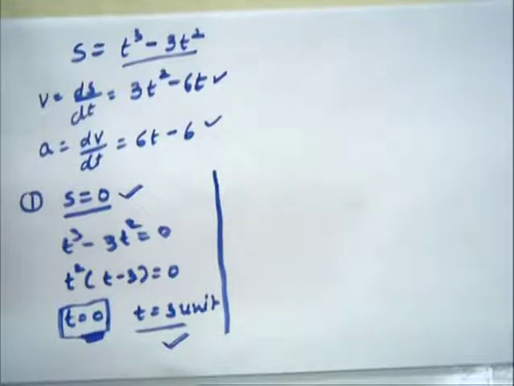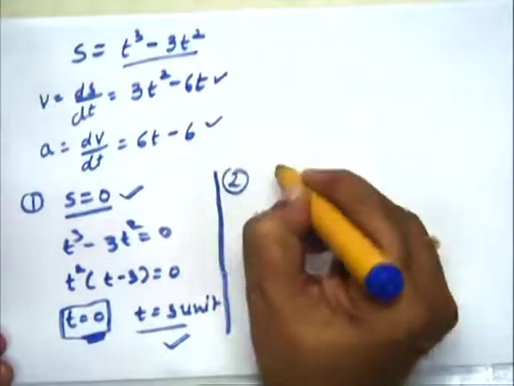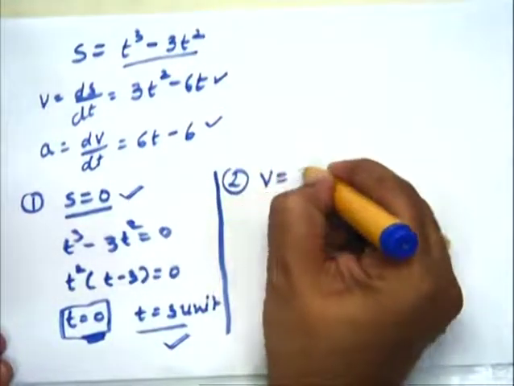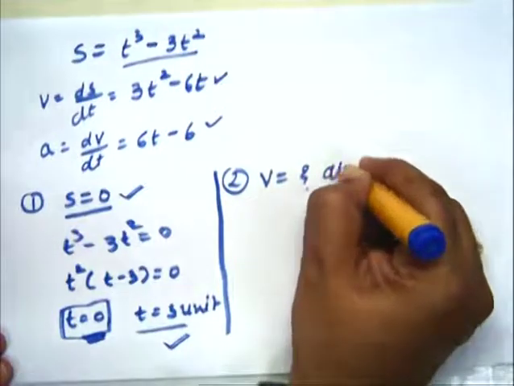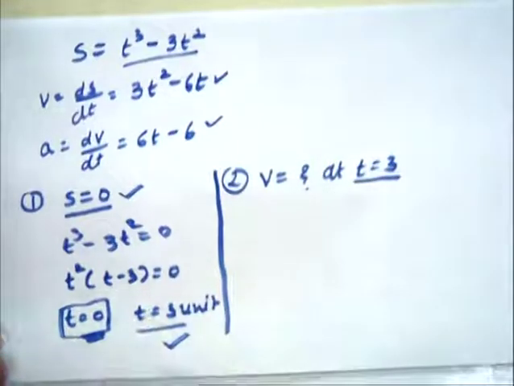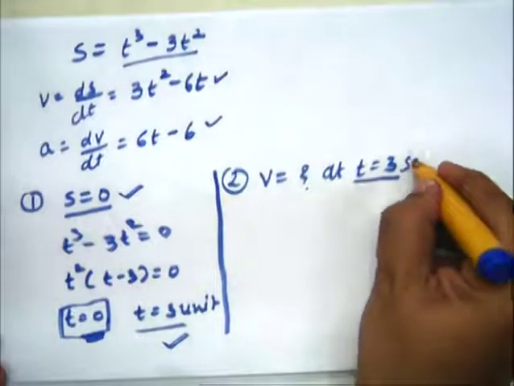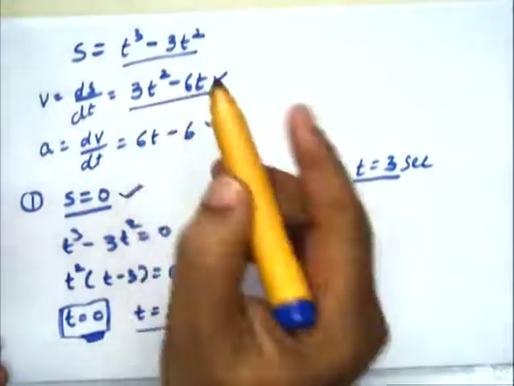Now second is velocity. We have to find the velocity at t is equal to 3 seconds. So in v, let us put t is equal to 3.